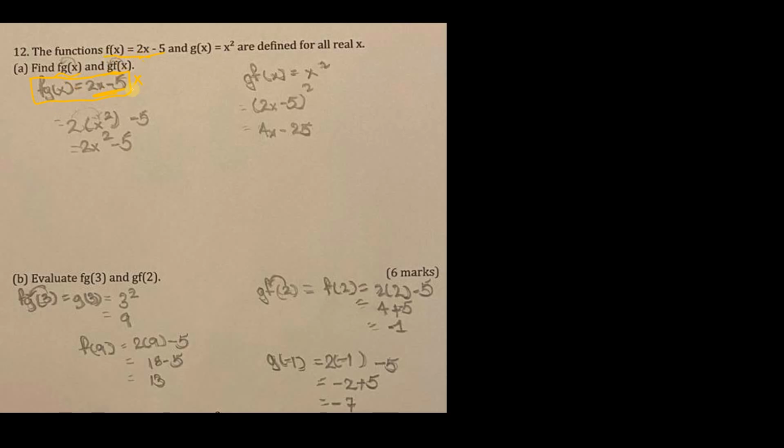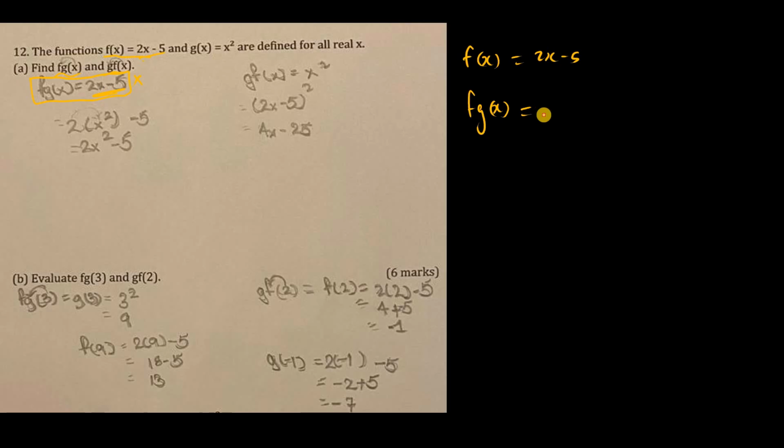So the way you set it up is important. f of x is what's equal to 2x minus 5, not f of g of x. You cannot put the g there. This is totally just f of x. Once you insert the g there, you're saying that you have g inside of f.